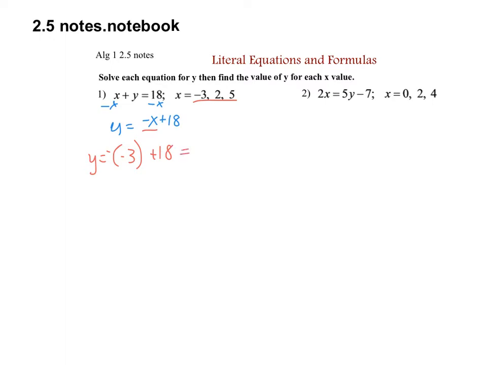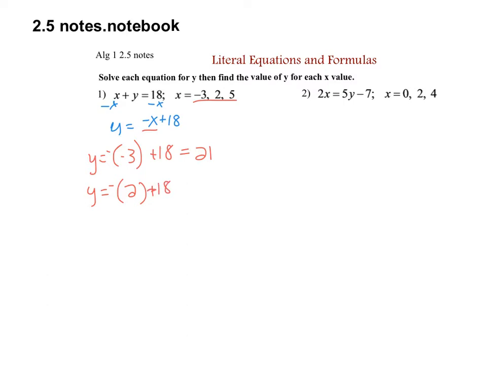A negative times a negative is a positive, so really we have y is equal to 21 in that case. For our next one, we're going to have y is equal to negative 2 plus 18.